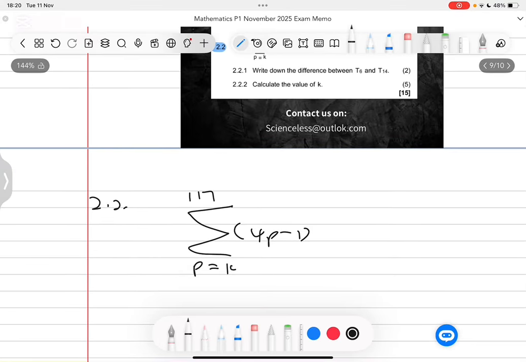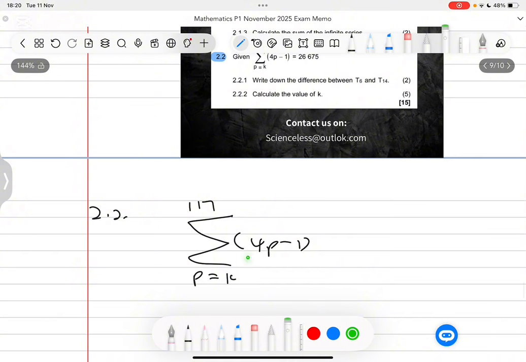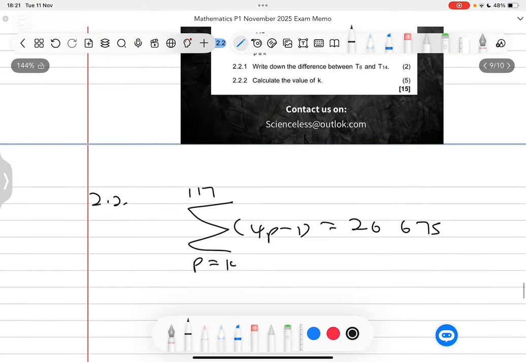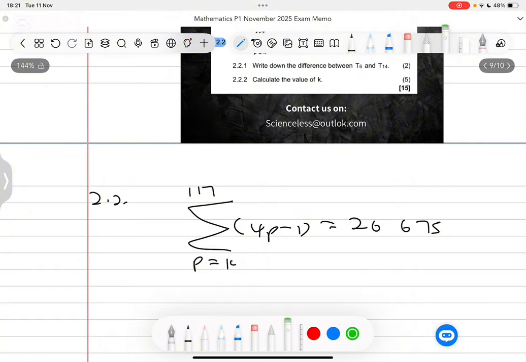We're saying that if you take the sum of this series, remember this stands for the general term, we actually get 26,675.